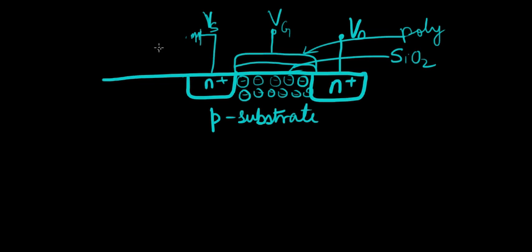What we're here to understand in this video and a few more to follow is a few second order effects that are observed in MOSFETs. What happens is you know how to design, and you simulate your design, and you send it to the fabrication department, and a few days later you get back your chip and you try it out and it doesn't work.